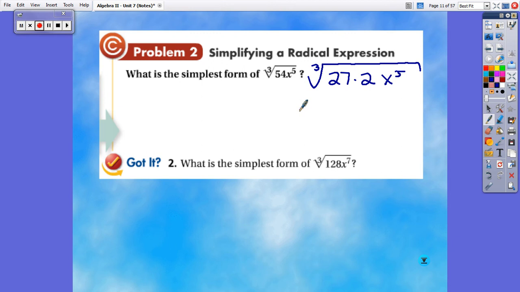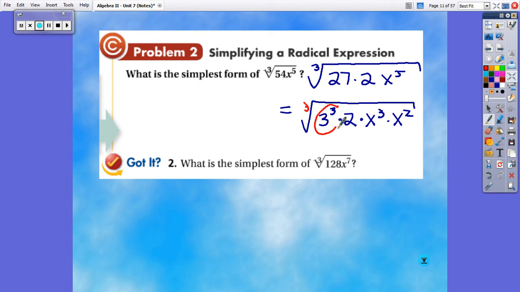And then 27 can be written as a third power. So that's really the same as 3 to the third power times 2. And watch carefully, I'm going to split up this variable here. It's x to the 5th. I'm going to make it x to the 3rd times x squared. So now, and I'll change colors here, there should be a 3 here, the third root.